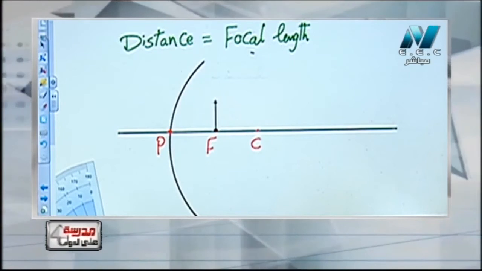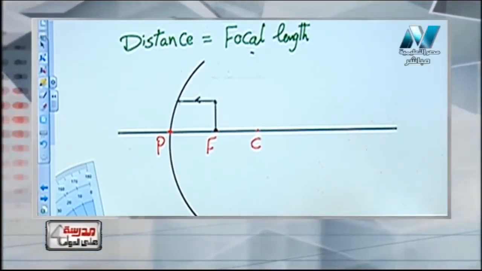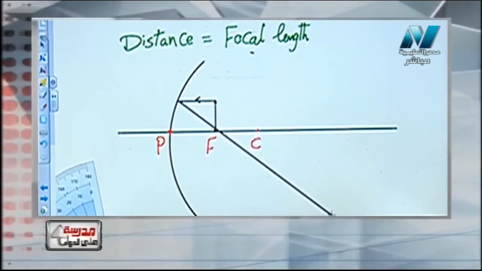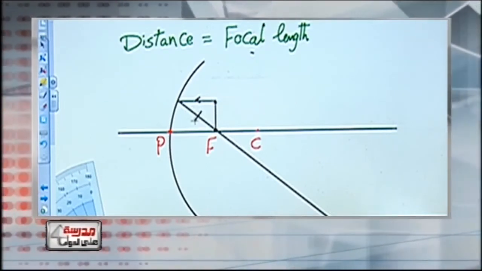Here we have rule number one: light ray falling parallel to the principal axis will reflect through the focus. And we will use rule number three.